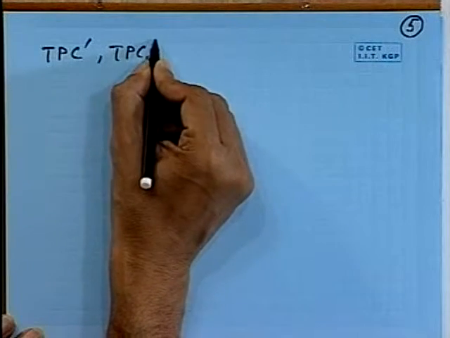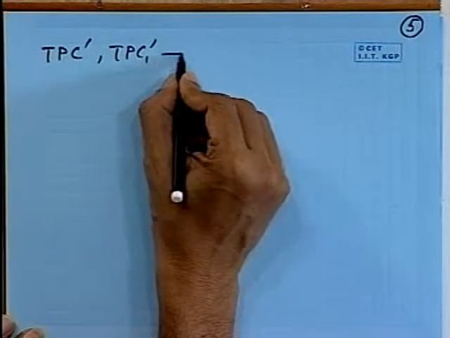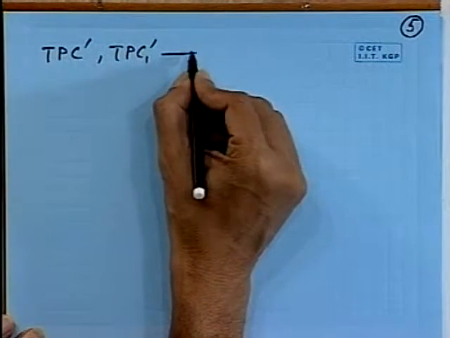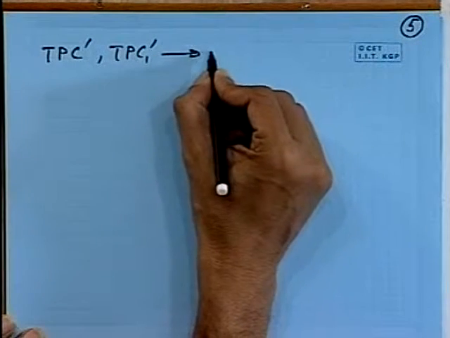So now calculate sinkage. This TPC prime and TPC1 prime always refer to intact portion of water plane areas.